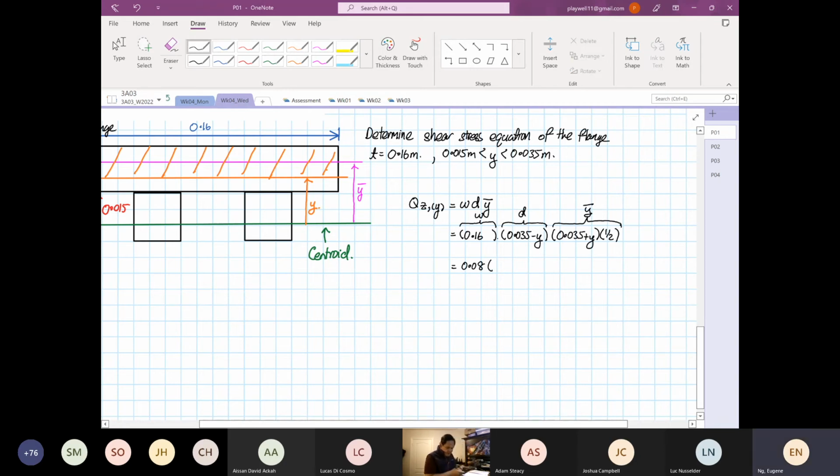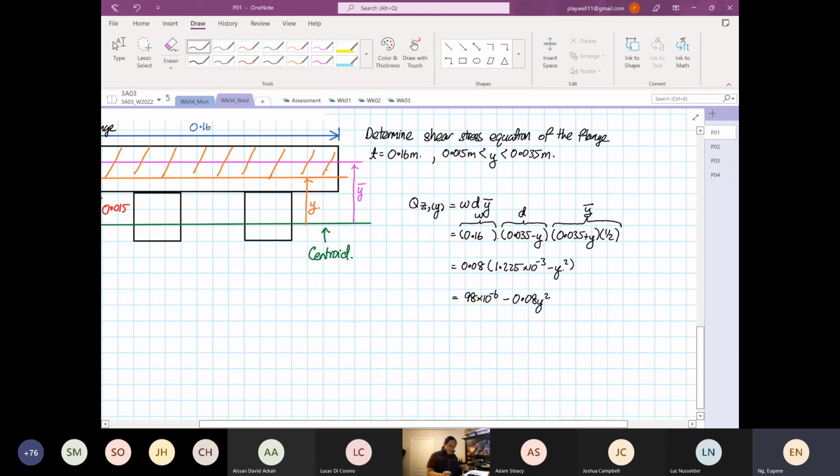Then multiply by 0.035 squared, which is 1.225 times 10 to the power minus 3, plus y squared. So this is equal to 0.08 times 1.225 times 10 to the power minus 3, which is 98 times 10 to the power minus 6, minus 0.08 y squared.